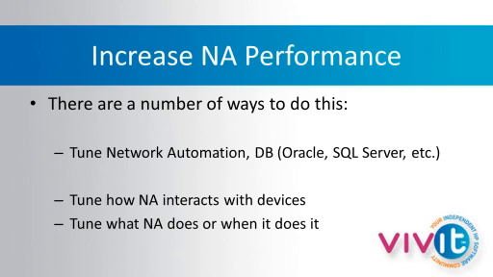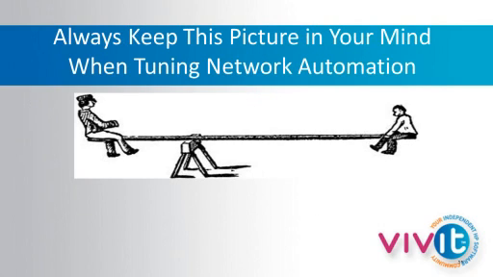We'll also talk about how you can tune network automation and how it interacts with devices, as well as what NA does and when and if it doesn't. And always keep this picture in mind when you're tuning network automation. It's a balance. If you change one value, this may have some unexpected effect on something else.